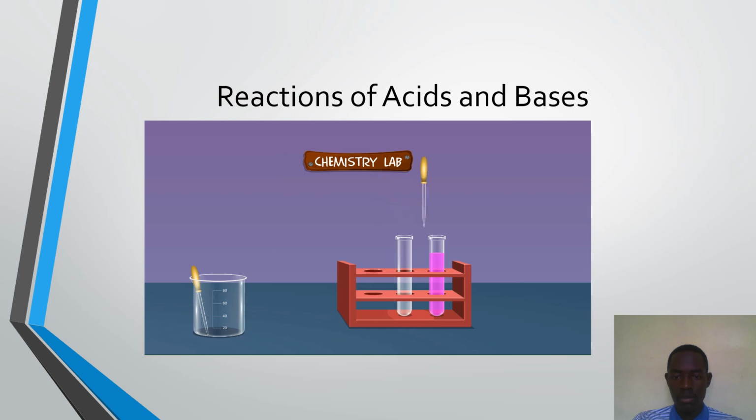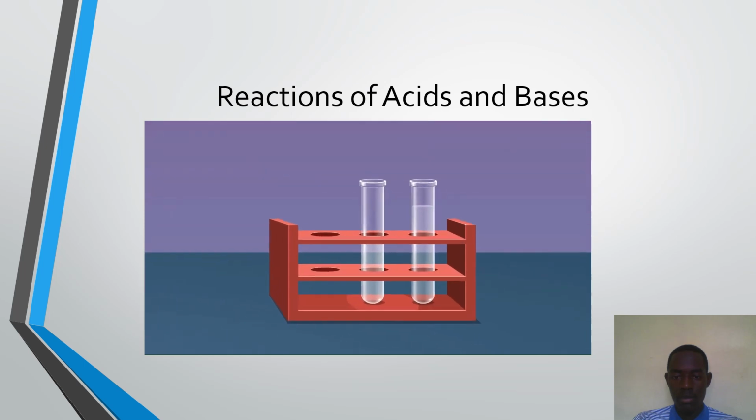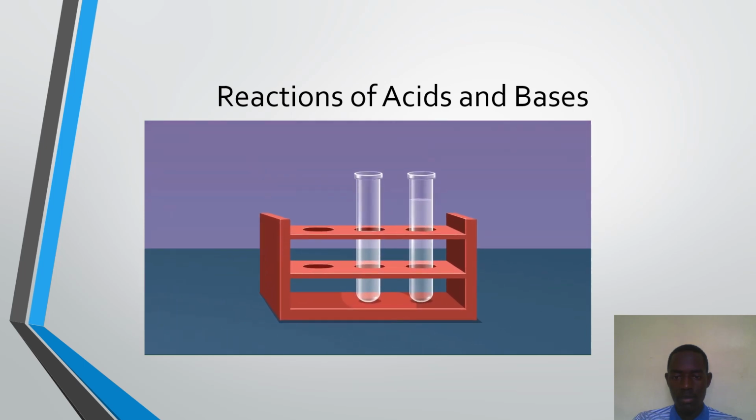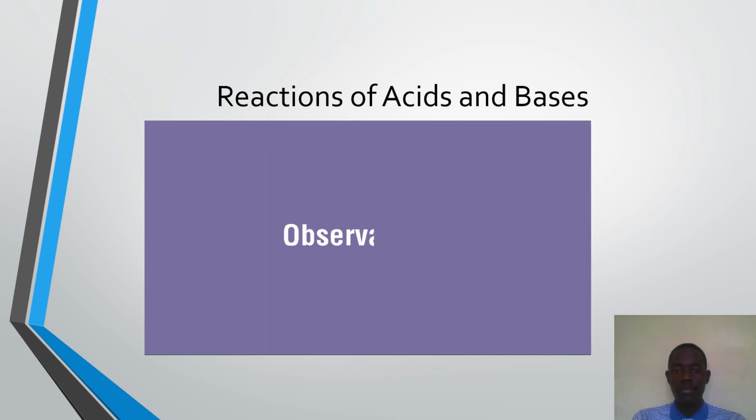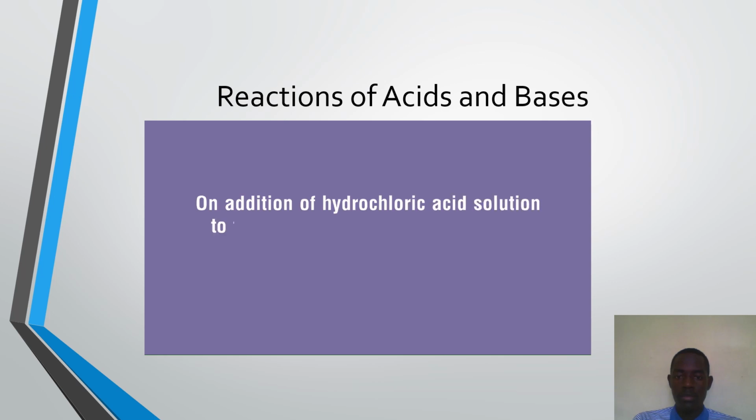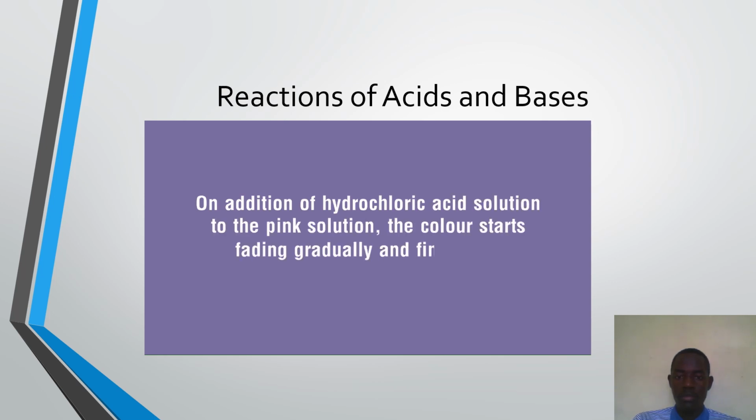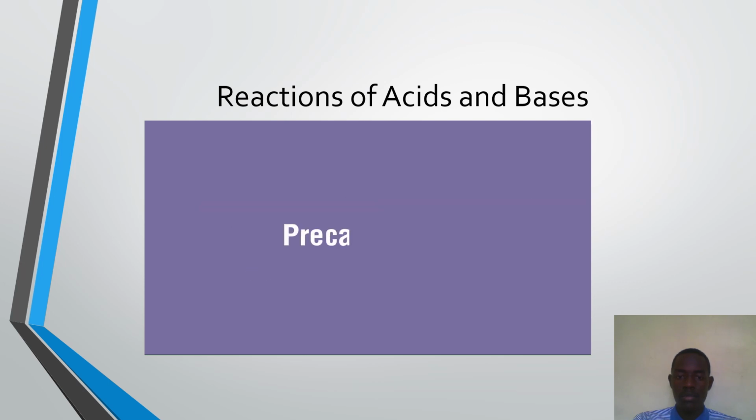What do we observe? On addition of hydrochloric acid solution to the pink solution, the color starts fading gradually and finally the solution becomes colorless. When hydrogen ions H+ as in an acid are introduced to the pink solution, the equilibrium shifts and the solution becomes colorless. Precautions: be careful while handling the acid.